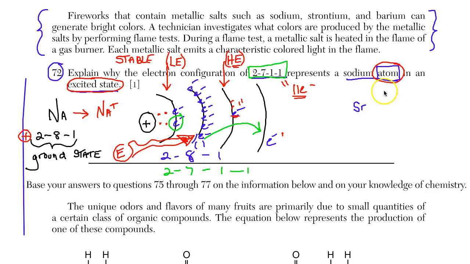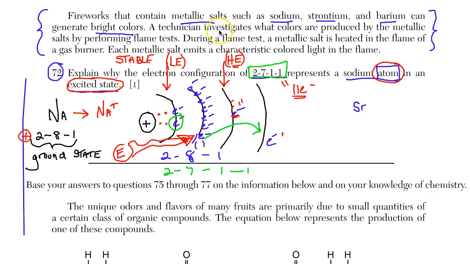All right, so if you're not really sure what they're talking about, let's go back to the blurb. Fireworks contain metallic salts, such as sodium, strontium, and barium, that can generate bright colors. So they actually call these stars. They put these in fireworks and they burn them. And because you give these atoms or these compounds energy, electrons are able to jump away.